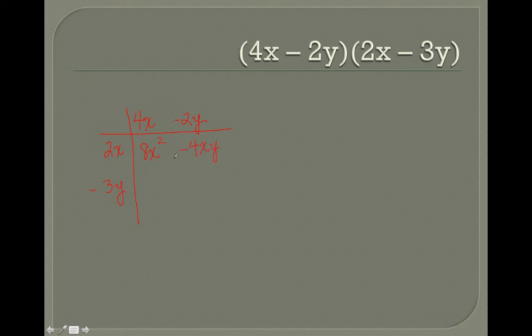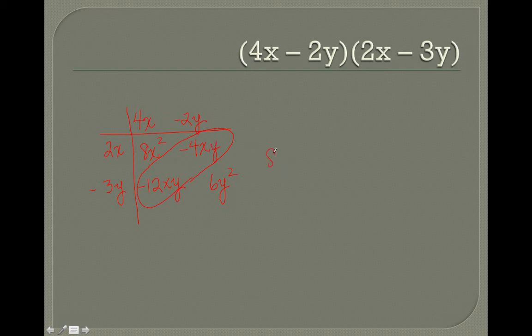We've been multiplying monomials, and this is the same thing. 4x times -3y is -12xy, and -3y times -2y, or +6y squared. Again, notice that my common bases are along the diagonal.